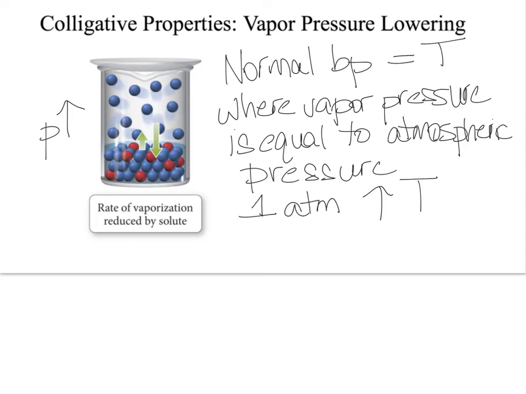All right, so one of the colligative properties that we notice is vapor pressure lowering. So what does that mean? If you look at this flask, you see the red solute molecules and the blue solvent.